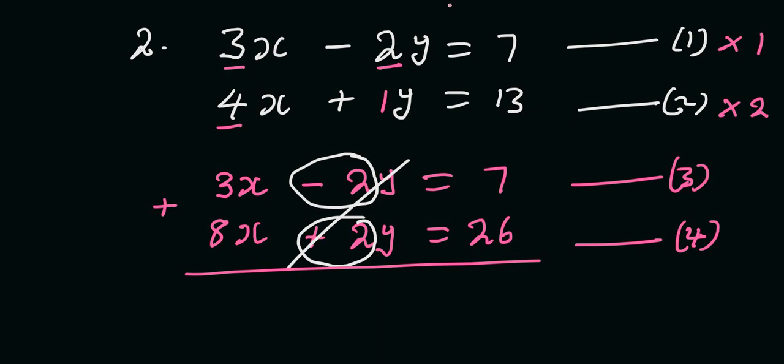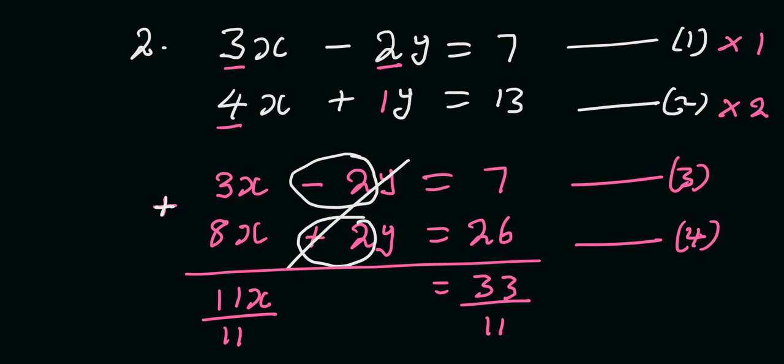3x plus 8x, that's going to give us 11x. And 7 plus, always refer to this sign, plus 26, that is going to give us 33. So now we can divide both sides by 11.